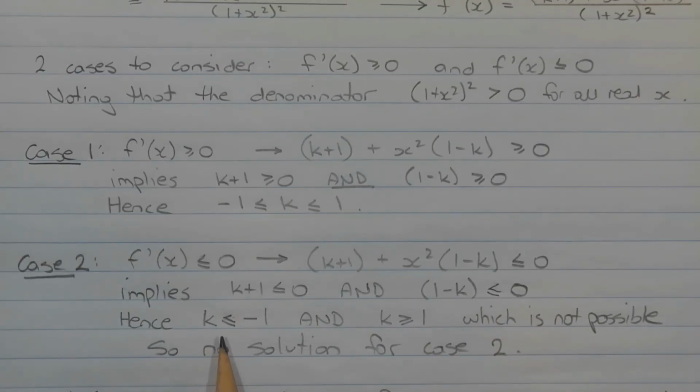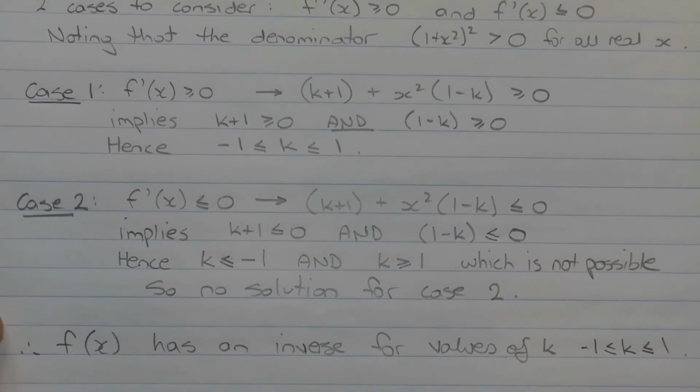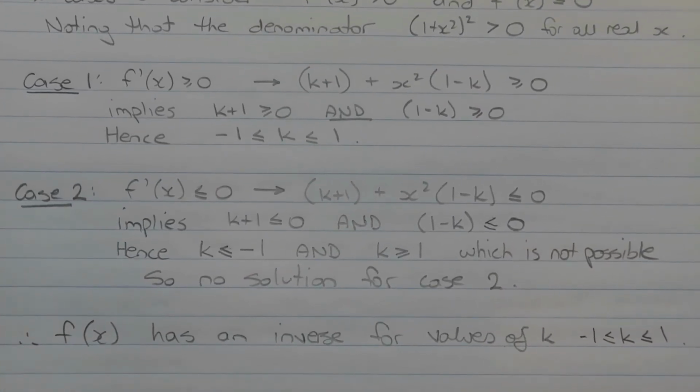This means k must be less than or equal to -1 and k must be greater than or equal to +1. And that's not possible. So there is no solution for case 2. So the only valid solution is case 1. Therefore, f of x has an inverse for values of k greater than or equal to -1 and less than or equal to 1.